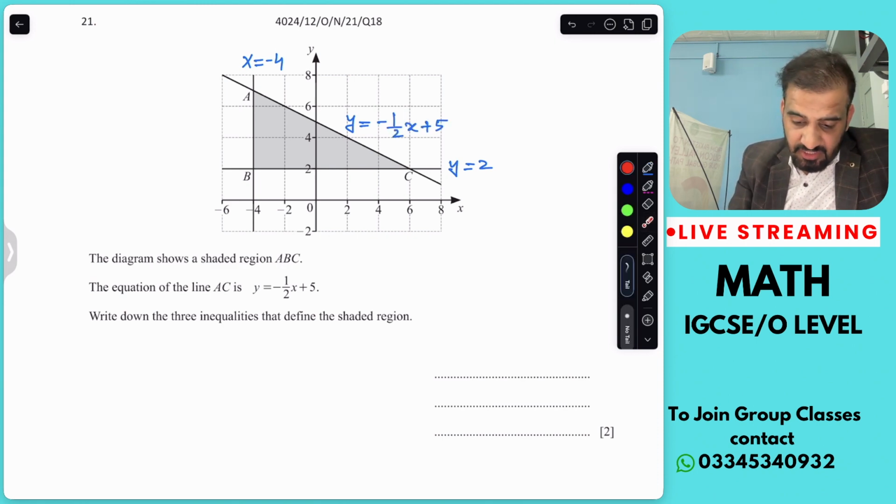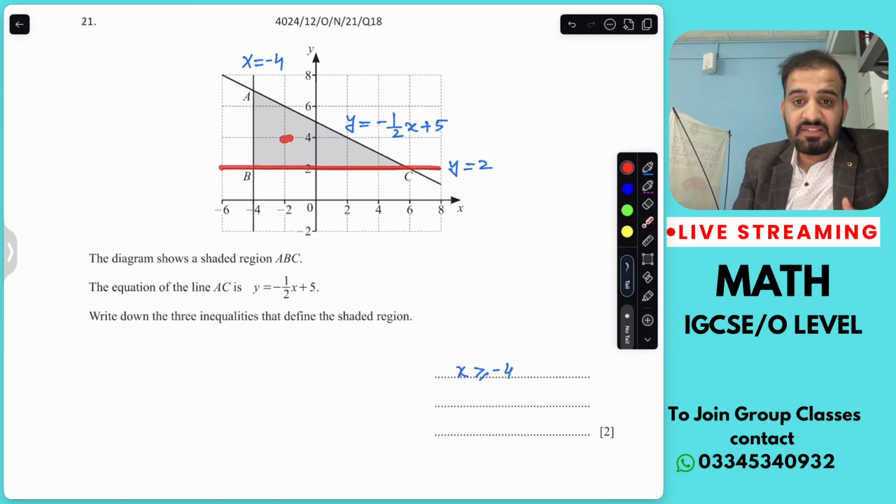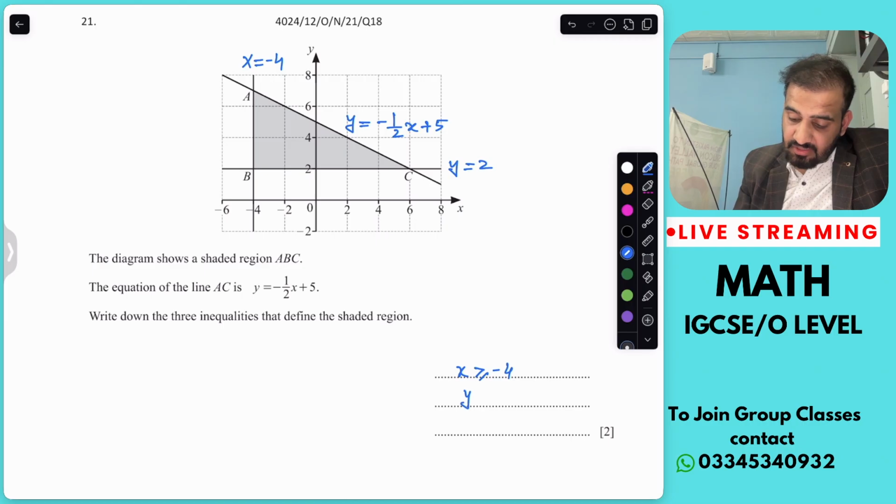Now I'm going to shade this. So if it is x equals to minus 4 and the shading is on the right side of this line, we will write x is greater than or equal to minus 4. If this is y is equal to 2 and the shading is above this line, I will write y is greater than or equal to 2.